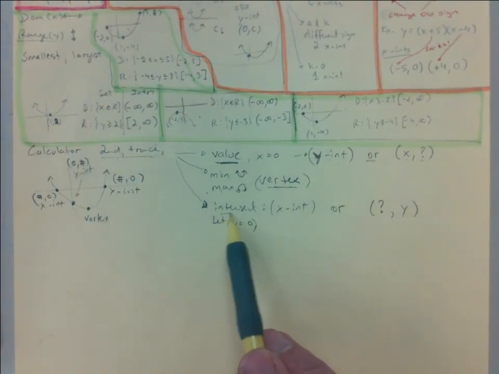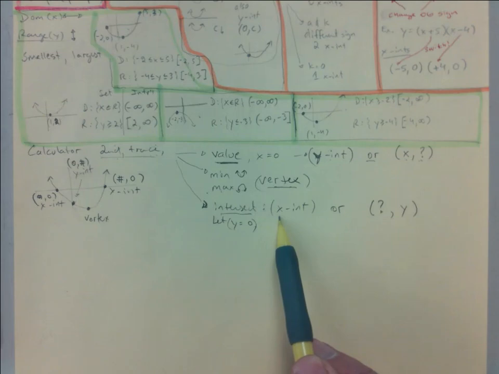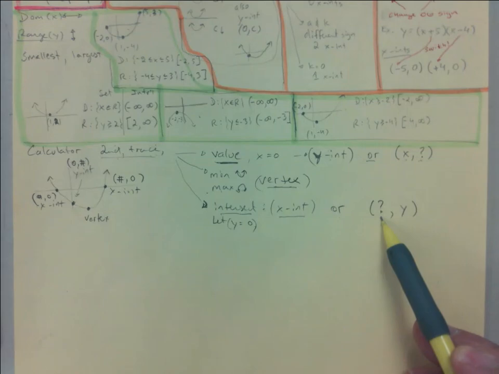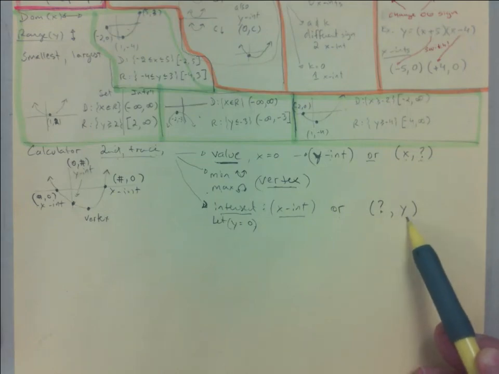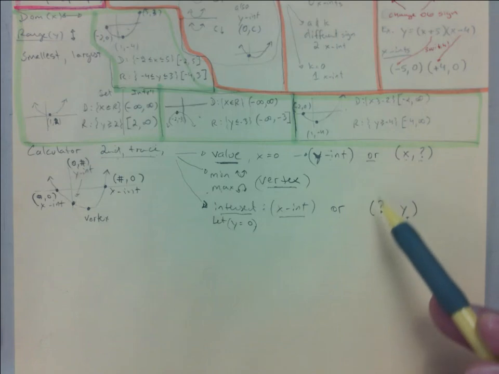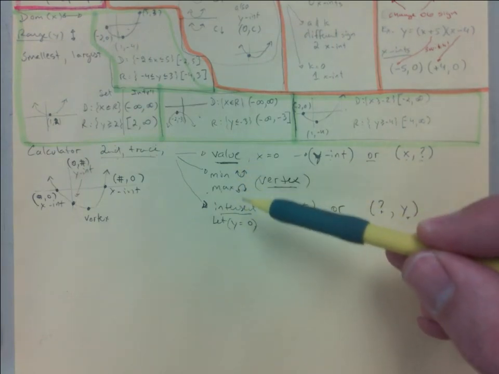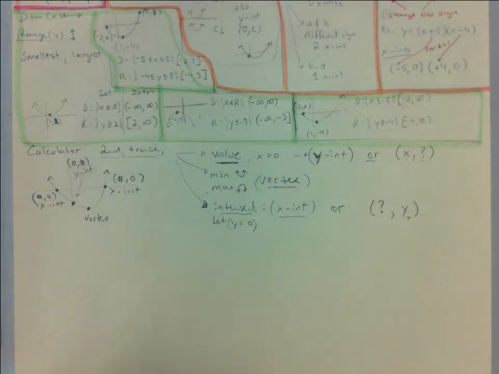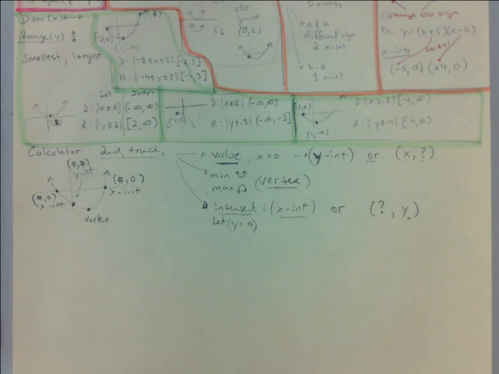Second trace intersect finds the x-intercept, or it will also find you the x value if you know the y value. This is new. We're going to use value and intersect quite a bit. So this is your calculator usage. That's it for now. If there's anything else you can think of, add it.